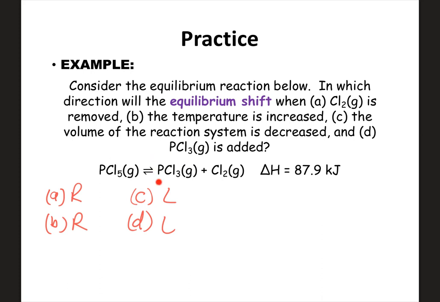PCl3 is a product, so if there's more product, it's going to shift to the side to use up that product. Essentially, it's going to shift to the left. So you definitely need to be able to understand what happens and explain these stressors, which way the reaction is going to shift, giving good explanations.